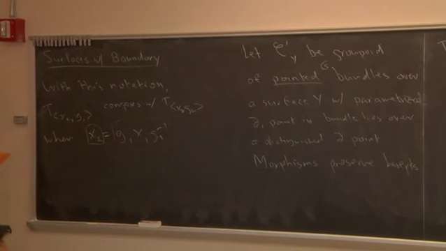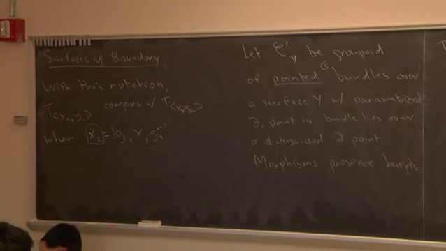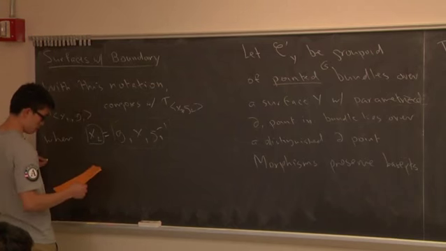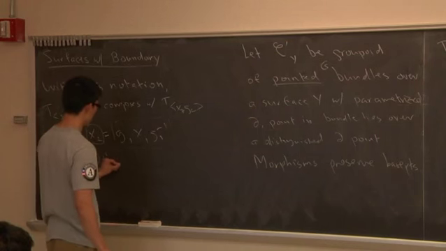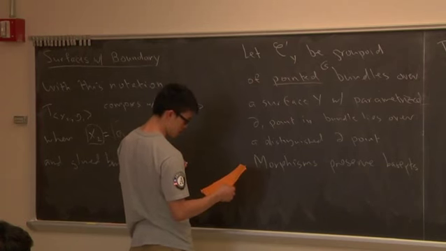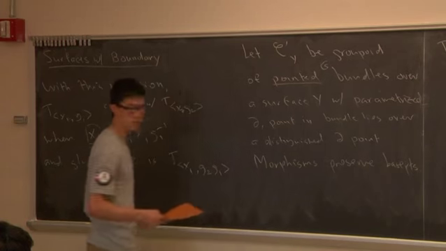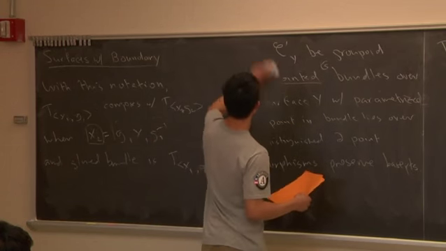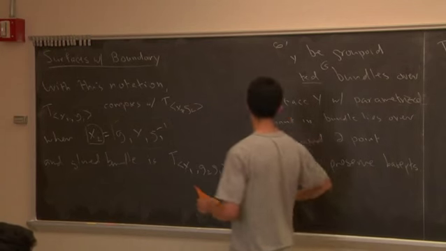Okay, so we were going to say that, and that's what it means for things to compose. And you can say that the glued bundle is going to be, in this notation, T x1 g2 g1, right?